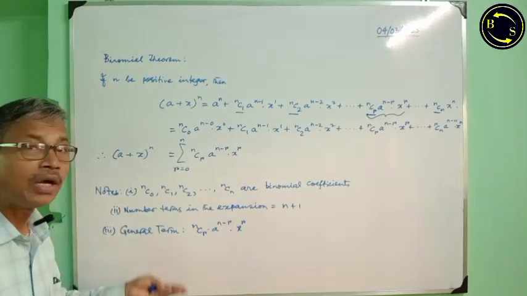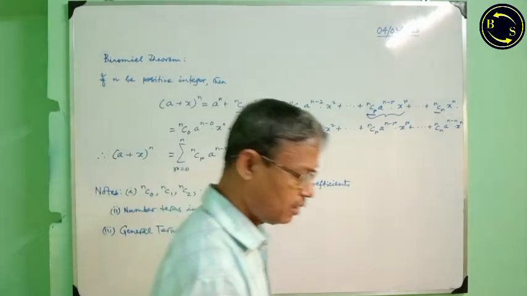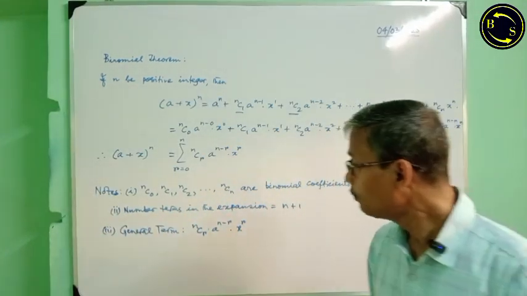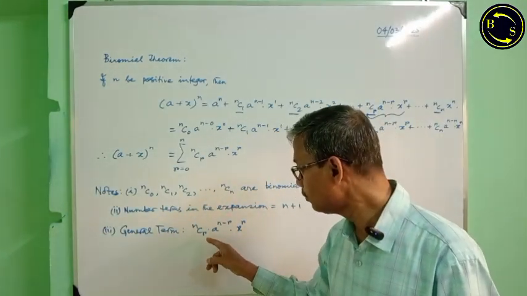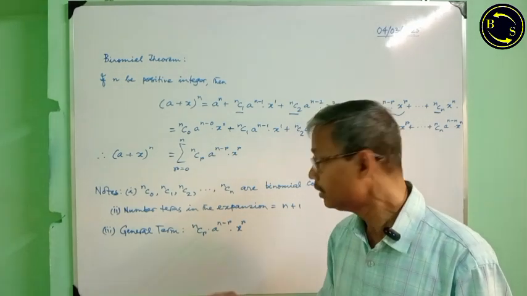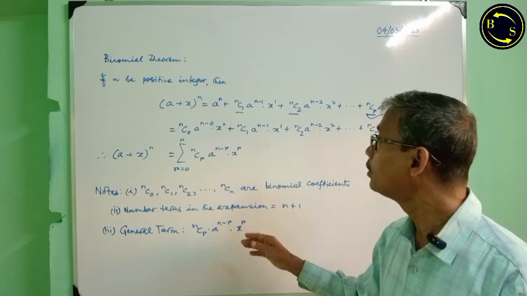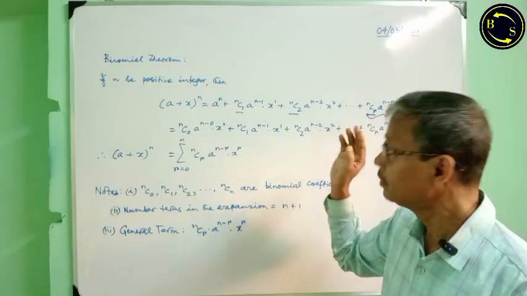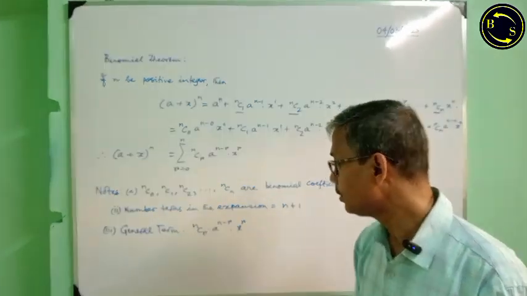Now the question, why do we call that general? Because if we put different values of r starting from 0 up to n, then we shall get all the terms of the expansion. That is why it is called general term.